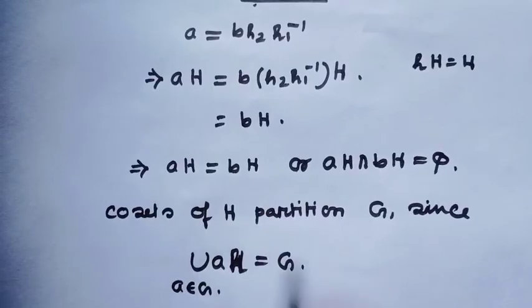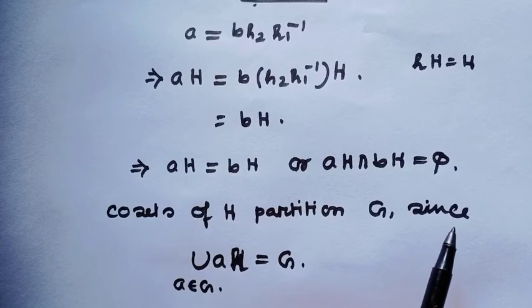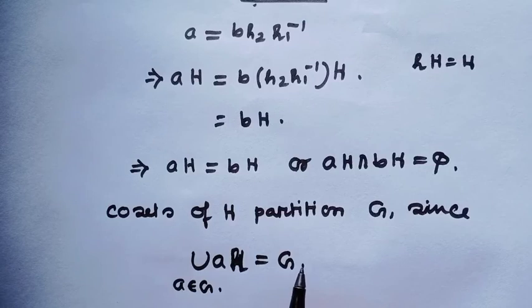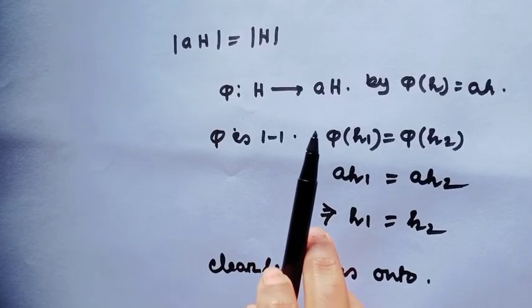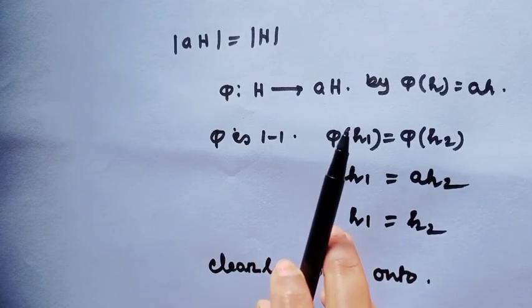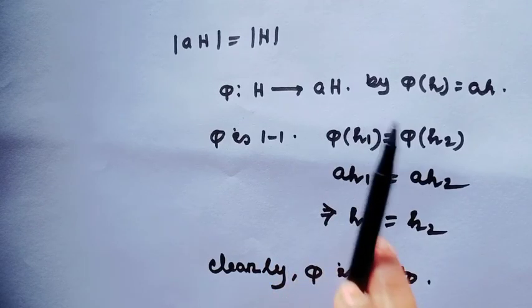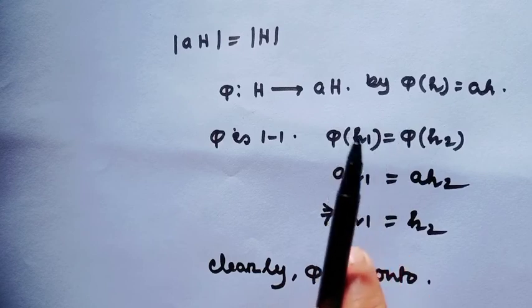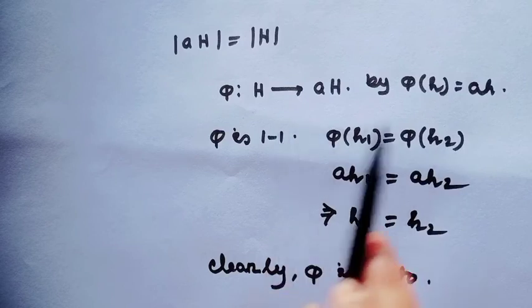That means the cosets of H partition the whole of G, because the union of all the cosets equals G, and the pairs are disjoint. Now I would like to show the order of any coset is the same as the order of the subgroup. In order to prove two sets have the same number of elements, I will prove there exists a one-to-one correspondence between the two sets.